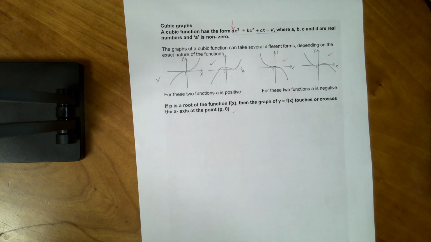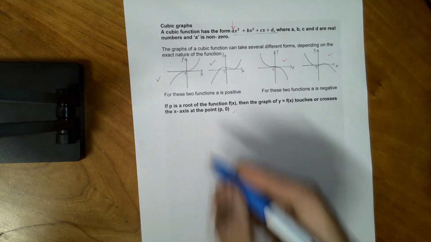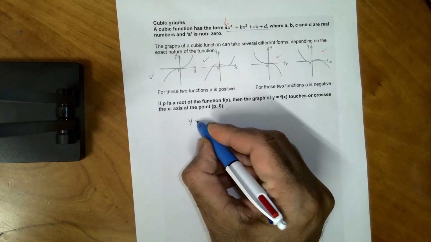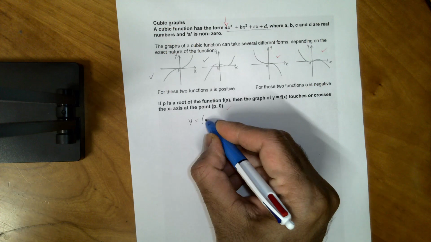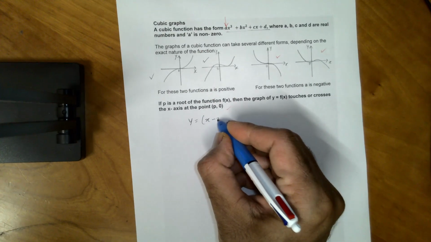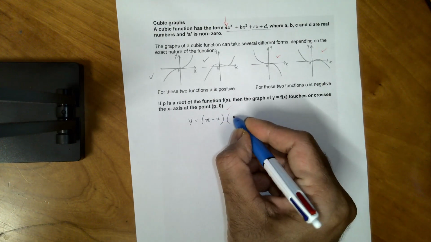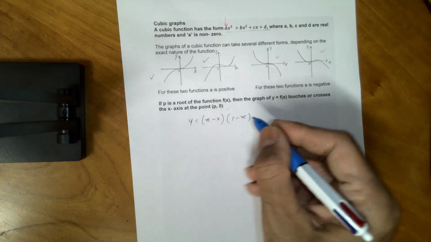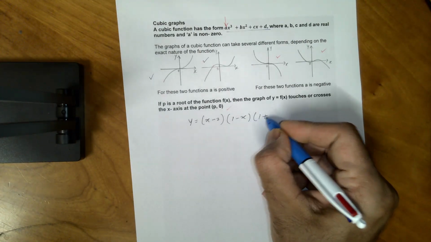Okay, so in here I have y equals (x minus 2)(1 minus x)(1 plus x).